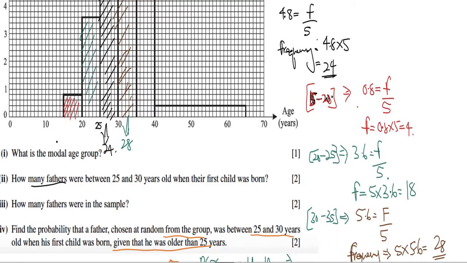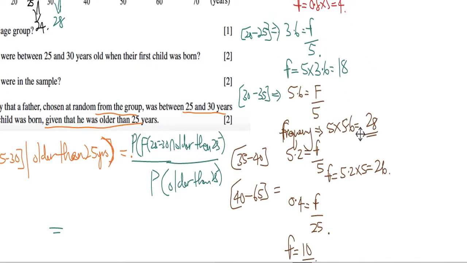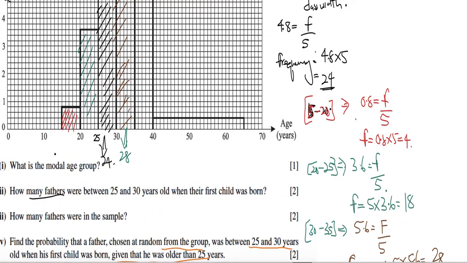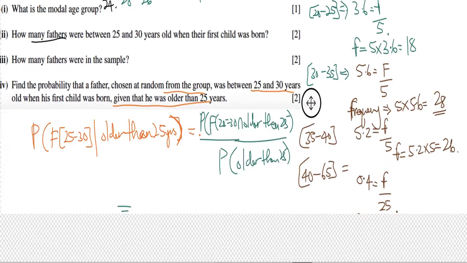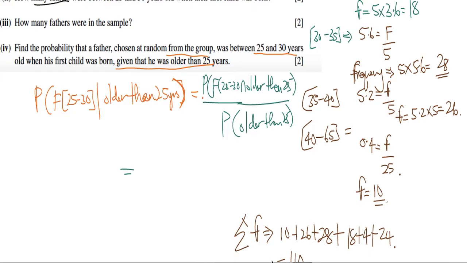For 35 to 40, I have 26. And finally, from 40 to 65, I have 10 of them. Let's add all of them: 10 plus 26 is 36, plus 28, plus 24, and the answer is 88. So the number of fathers who were older than 25 is 88.